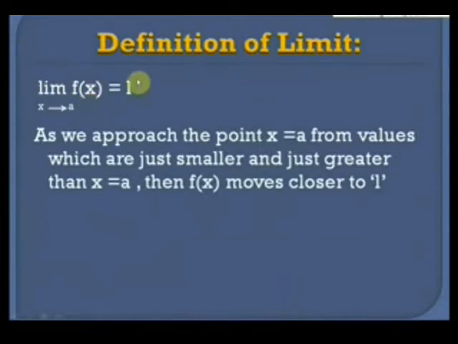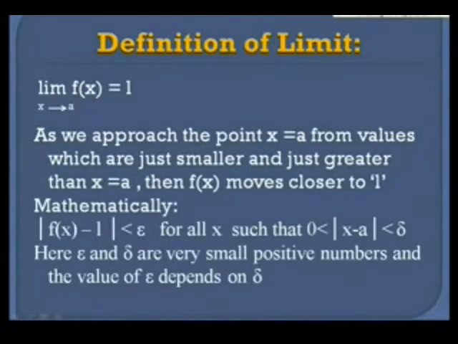It is defined this way: if x tends to a, the limit of f(x) is equal to L. As we approach the point x equal to a from the values which are just smaller and just greater than a, then f(x) moves closer and closer to the value L. If I say that x tends to a, f(x) would tend to the value L. Now mathematically we can write it as modulus of f(x) minus L is less than epsilon for all x such that modulus of x minus a is greater than 0 and less than delta.